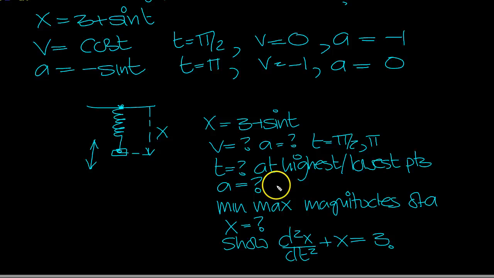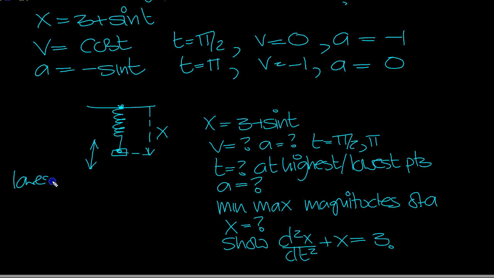Find when the particle is at its highest and lowest points and its acceleration at these points. Highest and lowest. Well, basically this swings, sine t goes from minus 1 to 1, doesn't it, on the graph? Okay, so the biggest distance away would be 4.